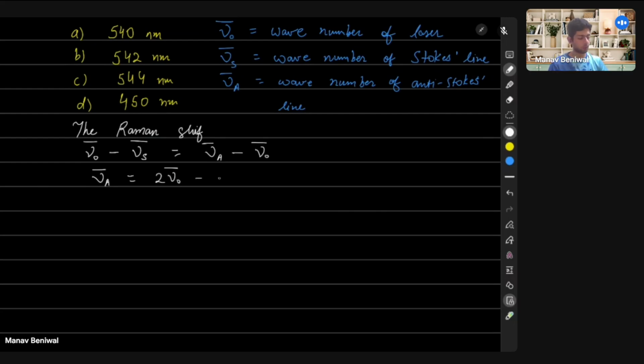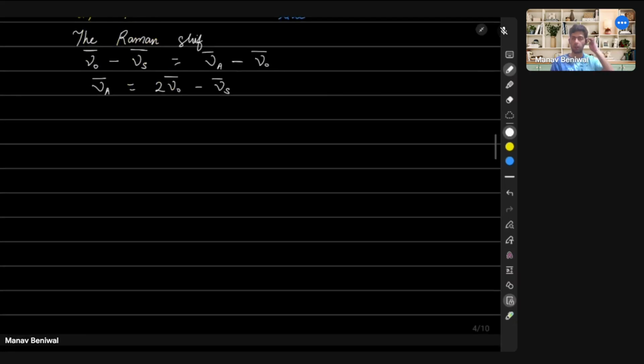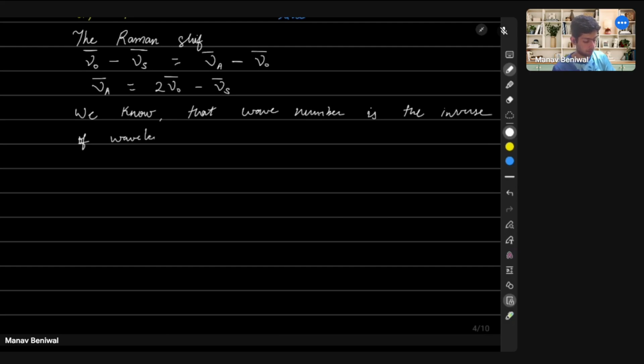Now what the question asks is the wavelength, right? So let's convert wave number to wavelength. Now we know that wave number is the inverse of wavelength. So nu bar is nothing but 1 by lambda.